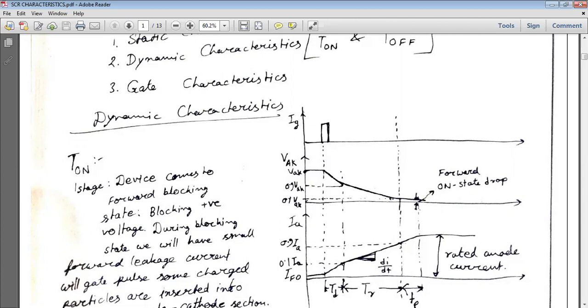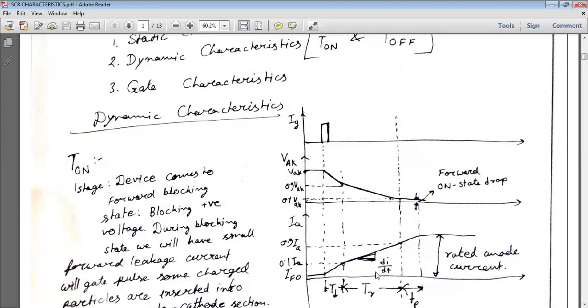Rated anode current is given like this. Its 10%, that is the duration where it comes to conduction and 10% of the rated anode current is reached. That duration is called the delay time. Okay.